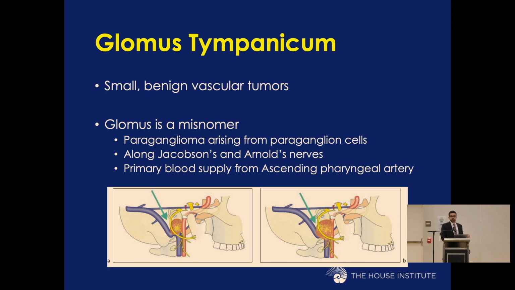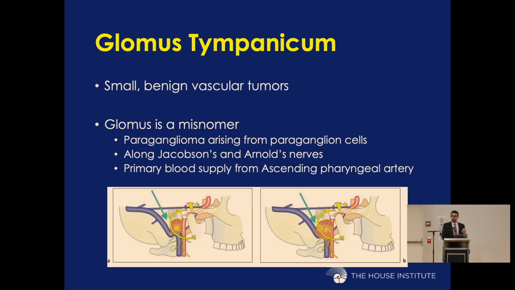The better term is paraganglioma, and they arise from paraganglion cells that run along the Jacobson's and Arnold's nerve in the middle ear, and they get their primary blood supply from the ascending pharyngeal artery. So if it's a really big tumor and they come to us for surgery, we might actually embolize these tumors before surgery to minimize risk of bleeding.